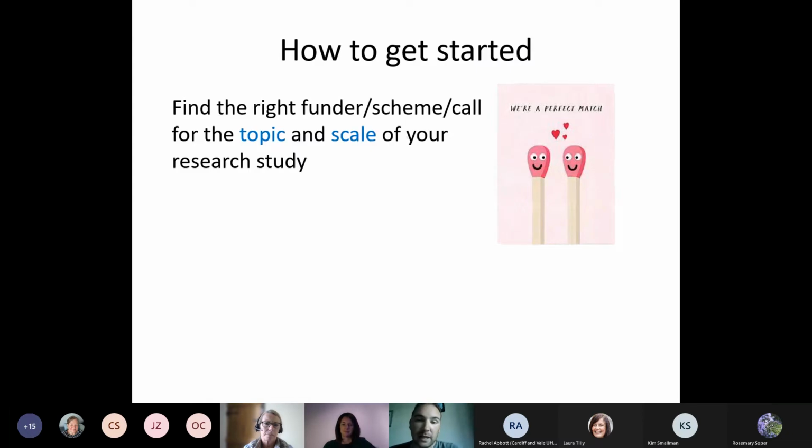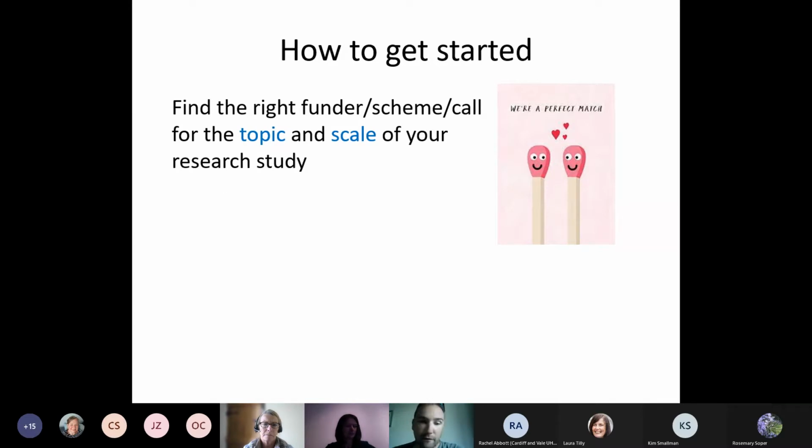What's really, really important and cannot be overstated is that your proposal, your project, must be a good match with the funder. So it's really key that you find the right funder, the right scheme, the right call for your topic and the scale of your research. So what do I mean by scale?